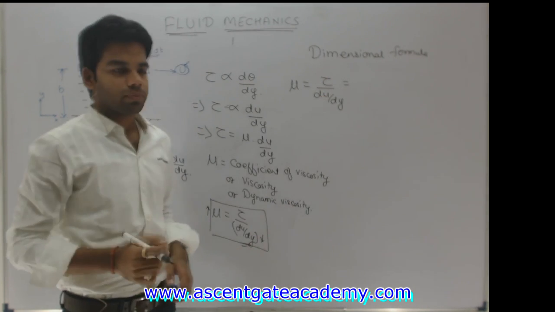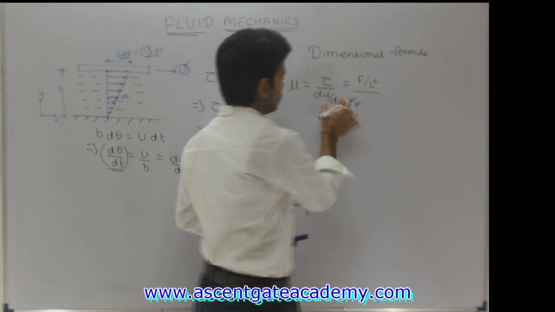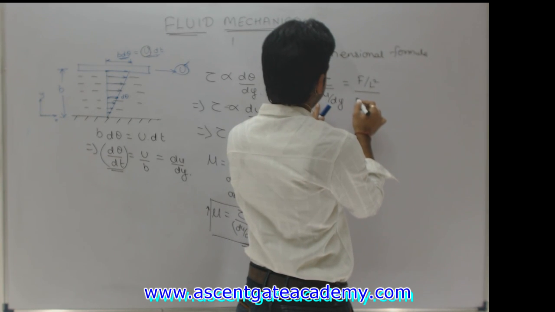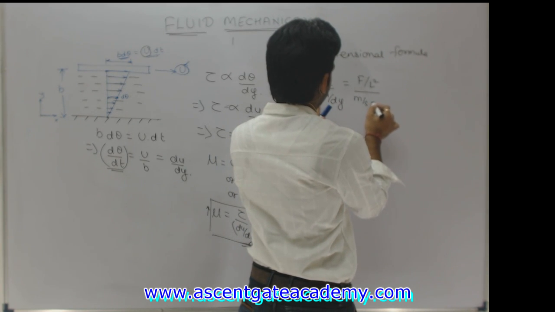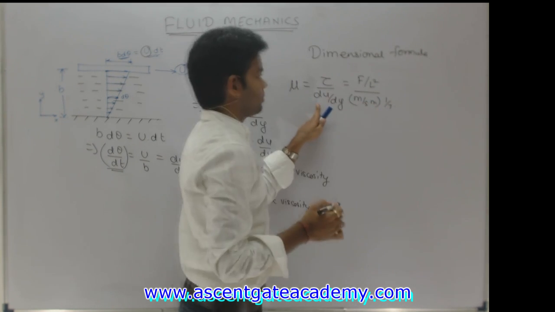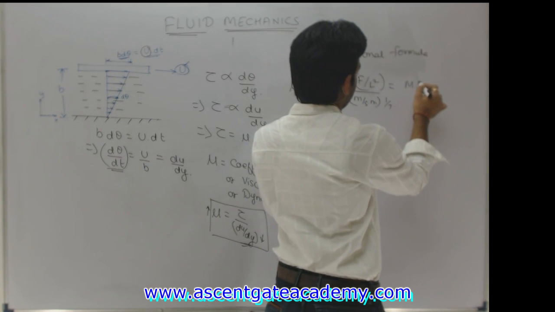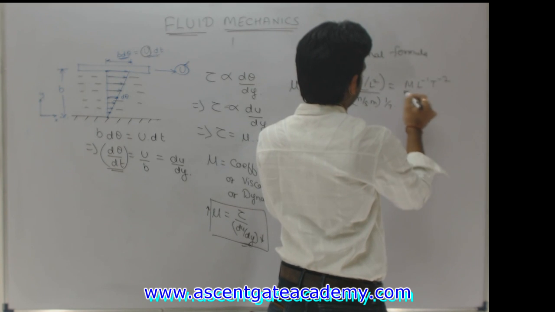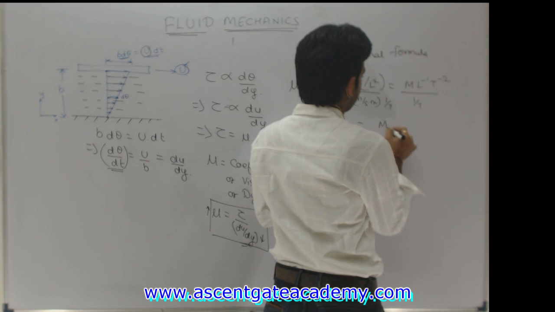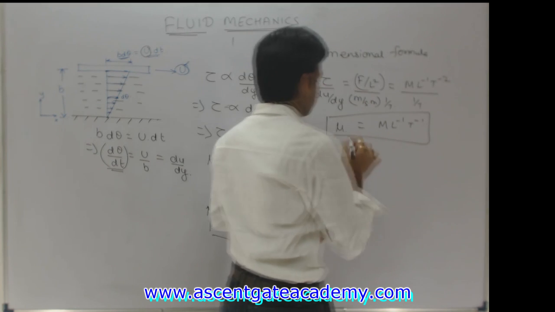Tau is force per unit area, that is F upon L square. du by dy is meter per second upon meter, that is 1 by t per second. F upon L square can be written as M L minus 1 T minus 2, upon 1 by T. So this will be equal to M L minus 1 T minus 1. This is the dimensional formula for viscosity.